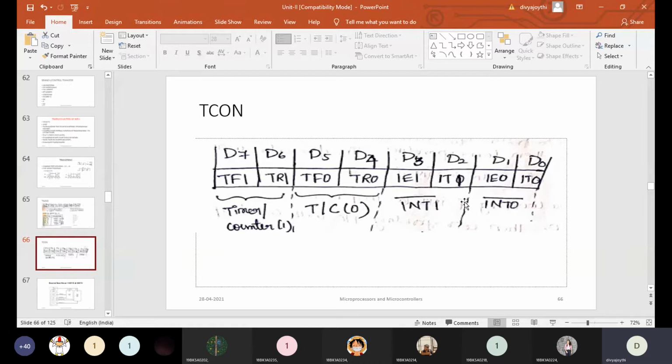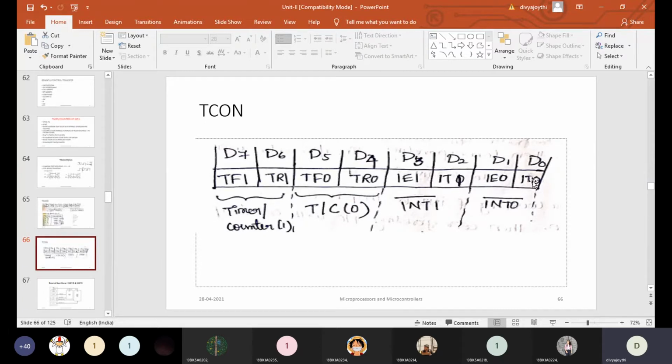If IT0 or IT1 is 1, then it represents that the interrupts that the controller receives are executed at negative edge triggering.